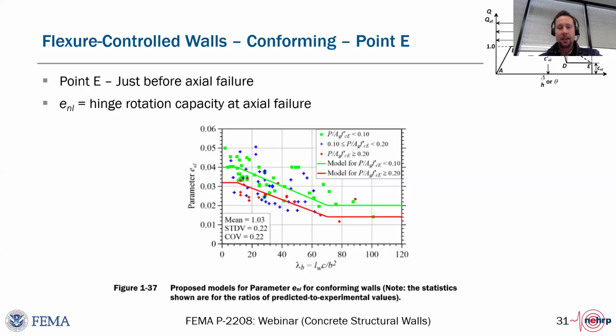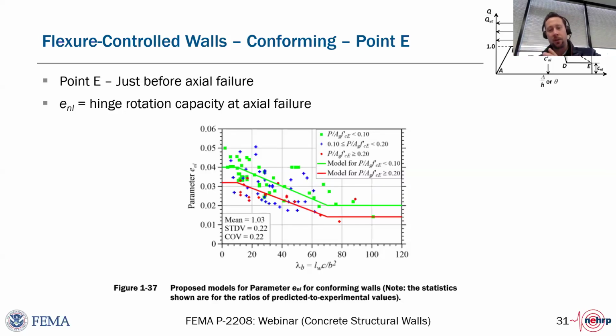So that's the c in that equation on the horizontal axis there: the neutral axis depth times the length of the wall divided by the thickness of the wall squared. And what really was showing up here is that the neutral axis depth mattered, because the neutral axis depth tells you how fast or how much you expect crushing of the wall, and that would be influenced by both your axial load, which again in the past was captured as its own parameter, but also the vertical reinforcement ratio and the strength of concrete.